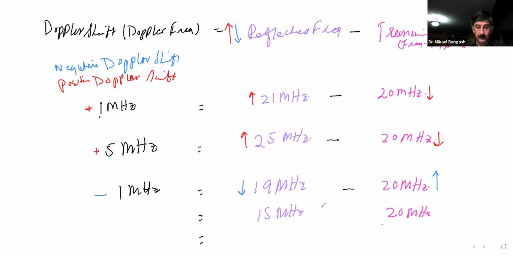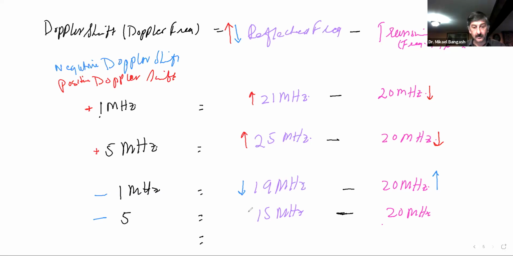So when you subtract 20 from 15, the numerical difference is going to be 5. But because you subtract a bigger number from a smaller number, you're going to end up with a negative.